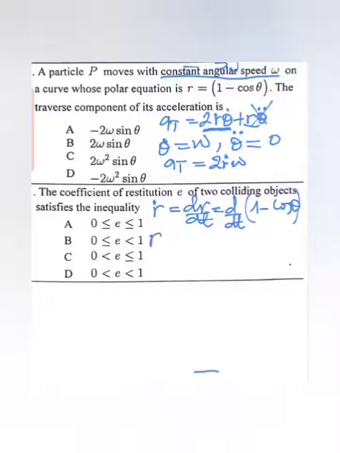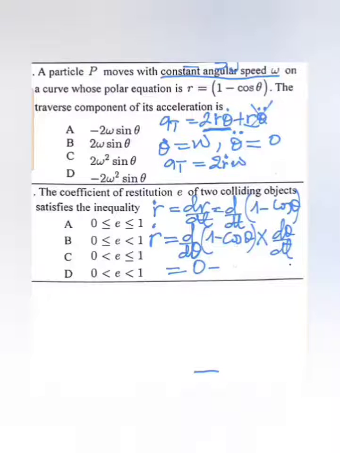So we first differentiate 1 minus cos theta with respect to theta, because it's in terms of theta, and then multiply the result by d theta dt according to the chain rule. The differential of 1 with respect to theta is 0, minus the differential of cos theta with respect to theta, which is negative sine theta, and then we multiply by d theta dt, which is simply theta dot.